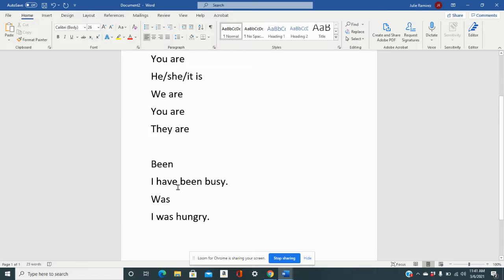So it's just saying that I've been busy for some point in time. It started sometime right before now and it's continuing into the present time. But that's another lesson for another time. But I just want you to be familiar with the verb to be as a linking verb.